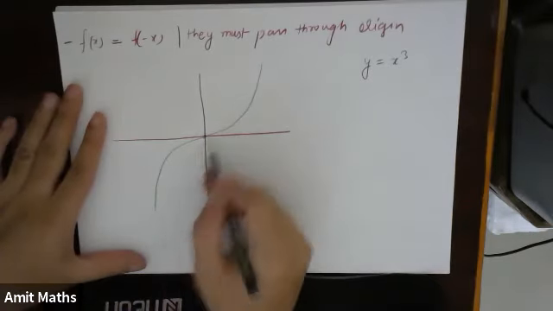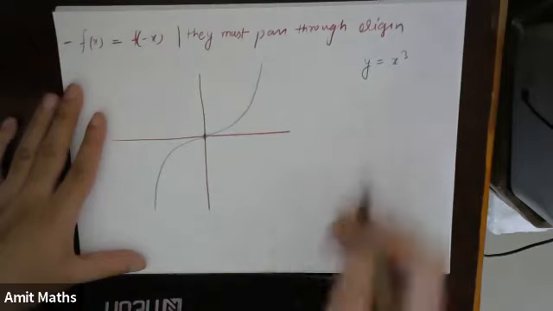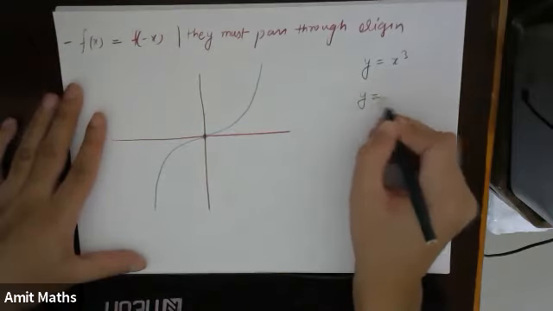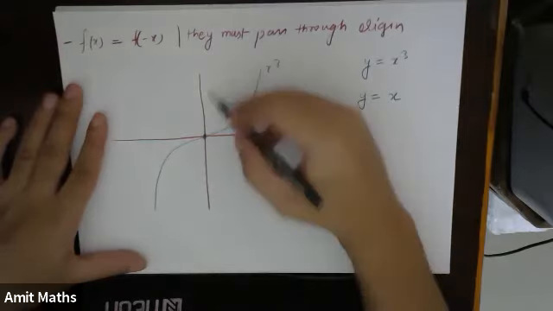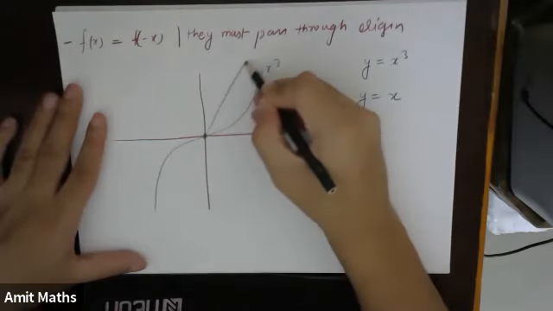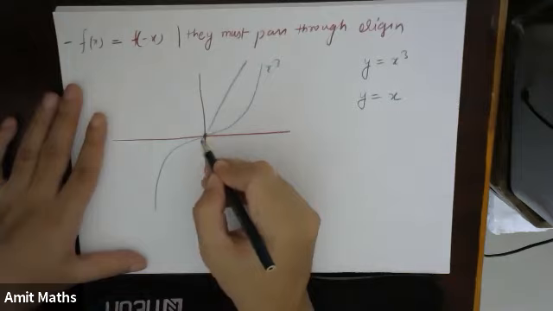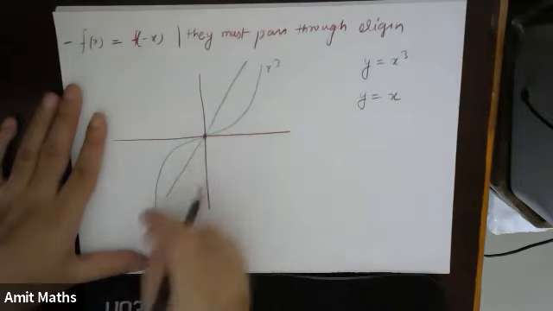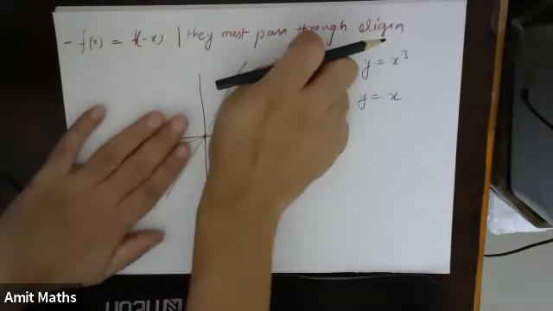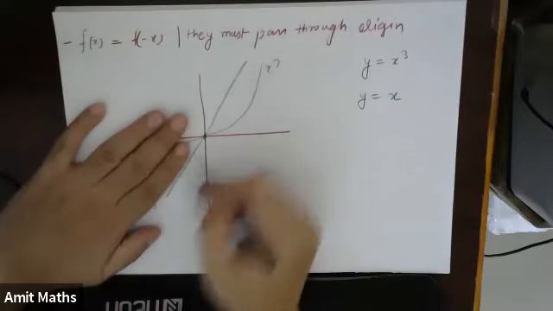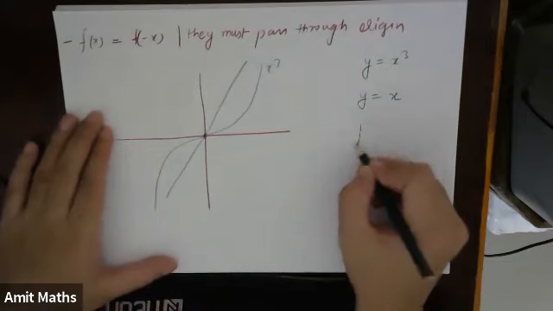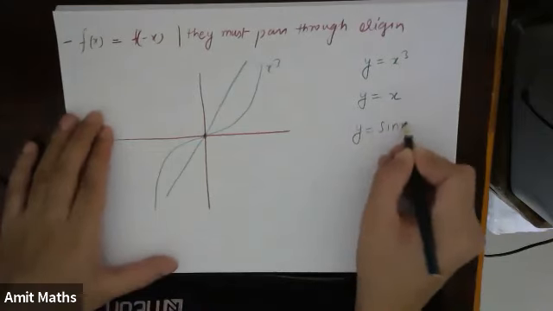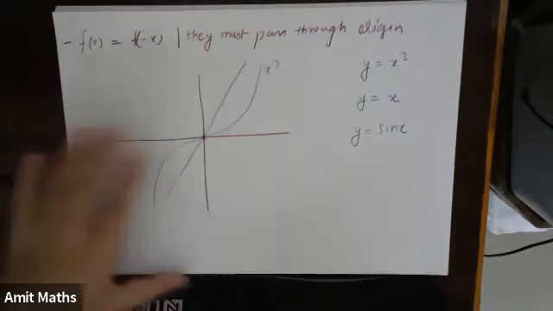Tan x is also something like this, and it will pass through the origin. This is x cube. For y is equal to x, the graph will be something like this. I'm making them separately. And y is equal to sin x, I'm drawing it separately.